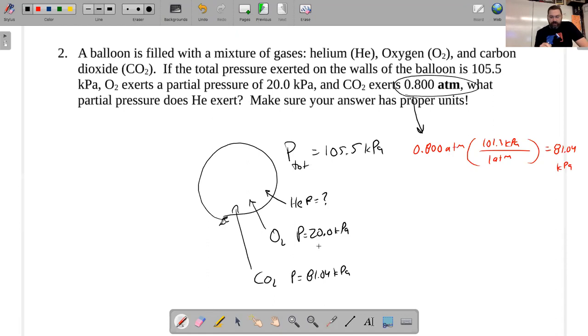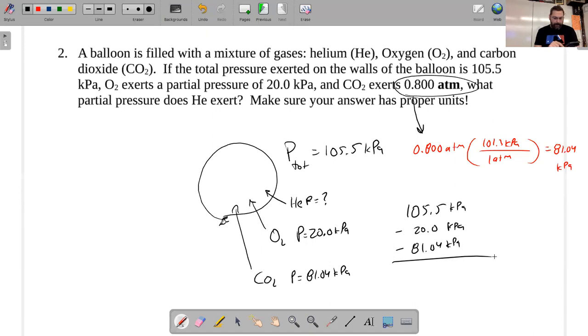So if I subtract 20 and 81.04 from 105.5, that'll tell you how much pressure must be from the helium. So I take the total pressure and subtract the partial pressures of the other two.